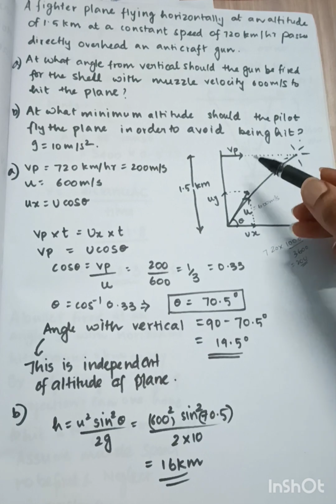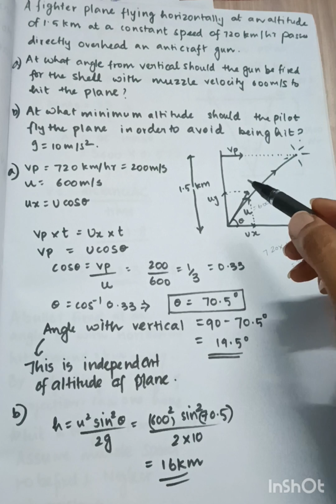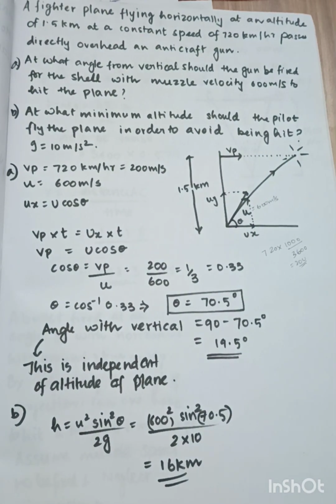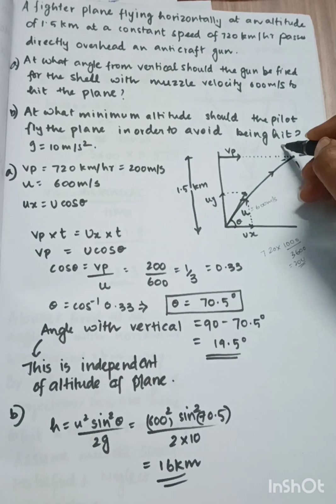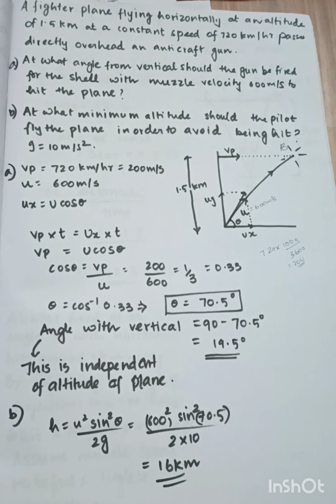Let us consider the horizontal components for finding this angle. Let the shell hit the plane at, suppose, point B, in a time t after the shell is fired.